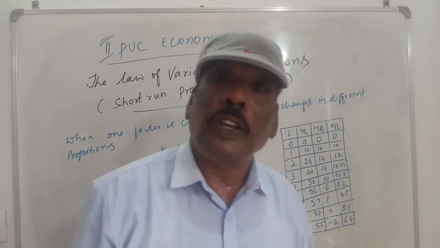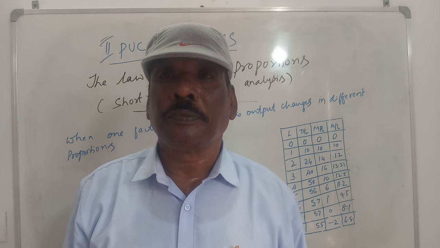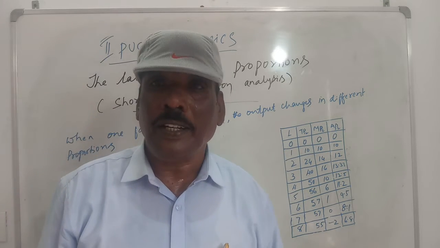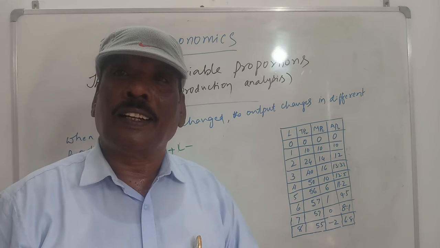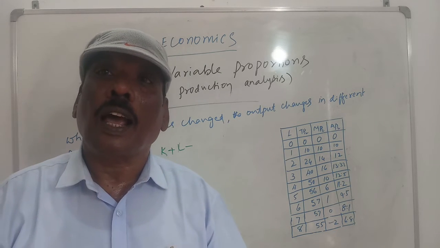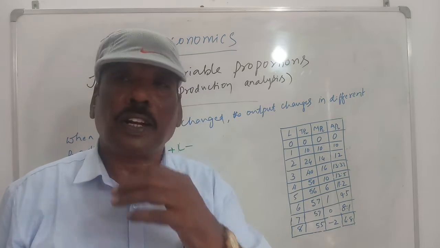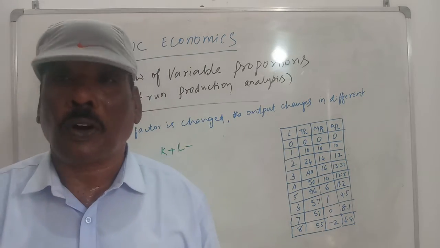And this can be very well understood with the help of this table. This table is very, very important, where you can get the information as to how to get marginal product, average product, or total product.